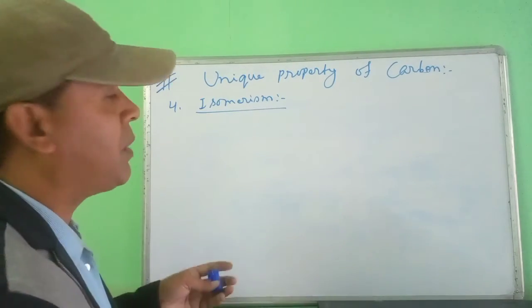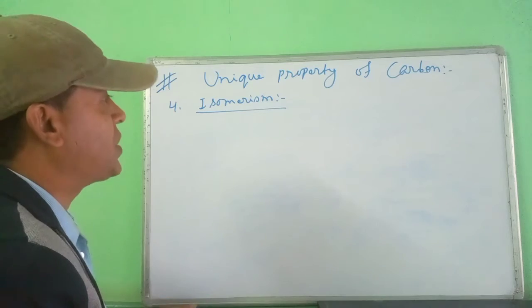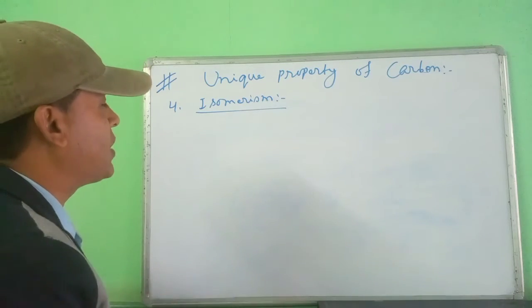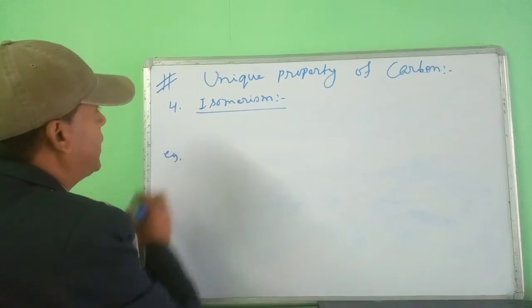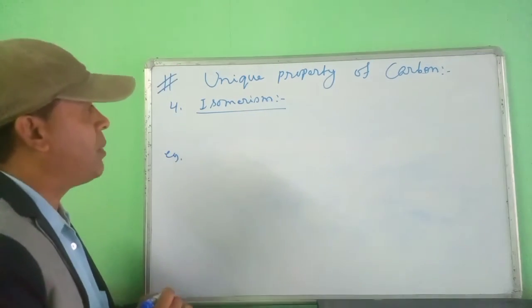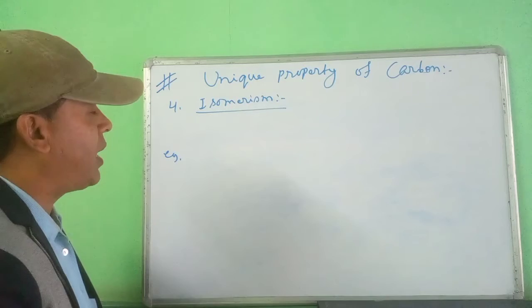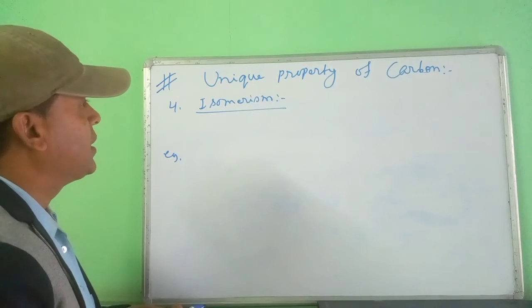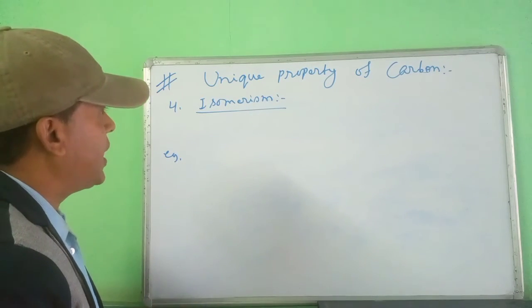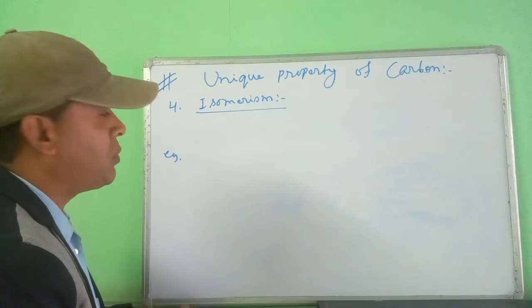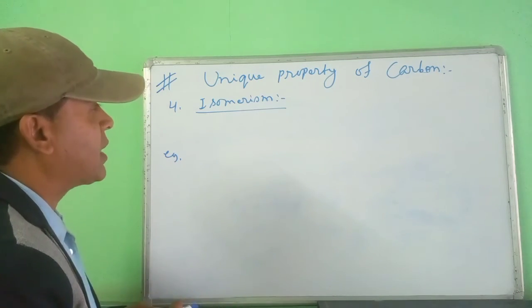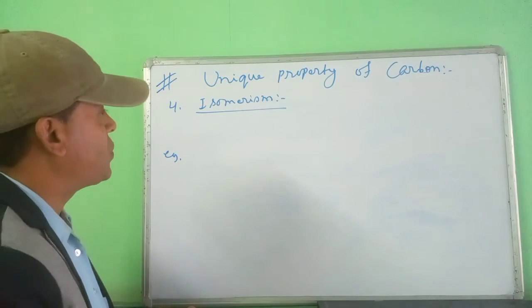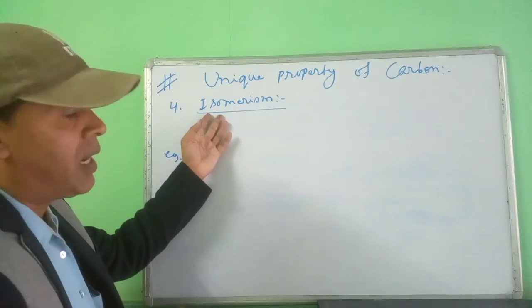Position of the functional group is different, position of the multiple bond, either double bond or triple bond, is different. So isomerism, we can say the compounds having same molecular formula but different structural formula. Different position of the functional group, different position of the multiple bond, then the compounds are said to be isomers, and the process is called isomerism.